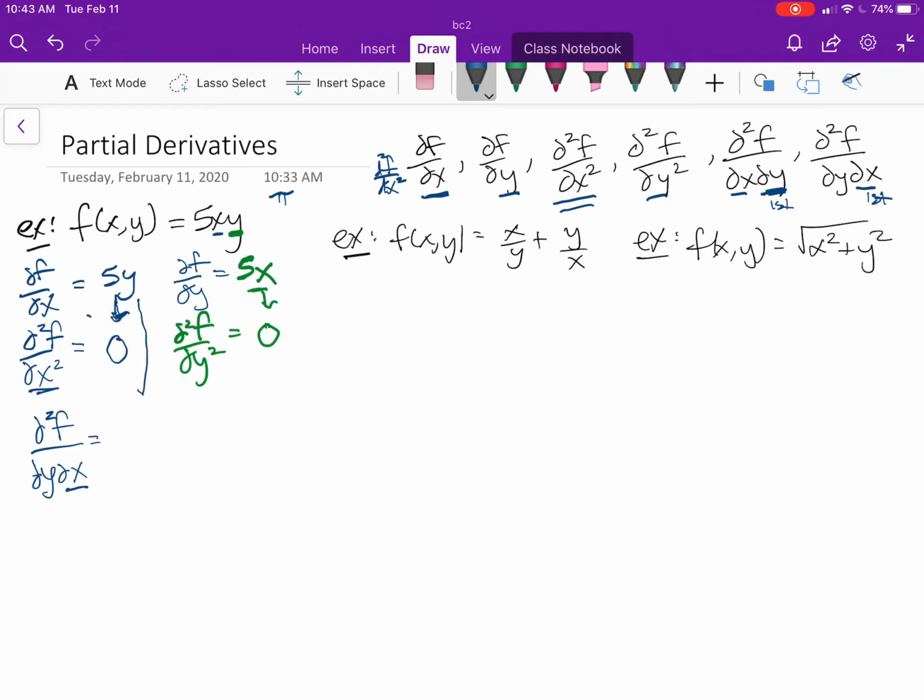Now I look at 5y, and I'm doing the partial with respect to y. Well, the derivative of 5y with respect to y is 5. Now, really quick, I said I'd explain why it's written like this. It's because it's just a short way of saying this.